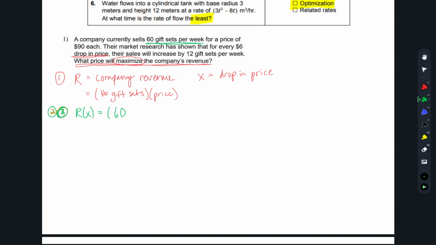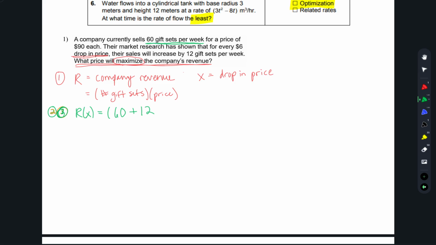Now, with every drop in price, the amount of gift sets increases, right? If I didn't drop the price at all, I would do 60 times 90. But to write this as an expression for just the number of gift sets, I'm going to do 60, and then they'll increase by 12 for every price drop.